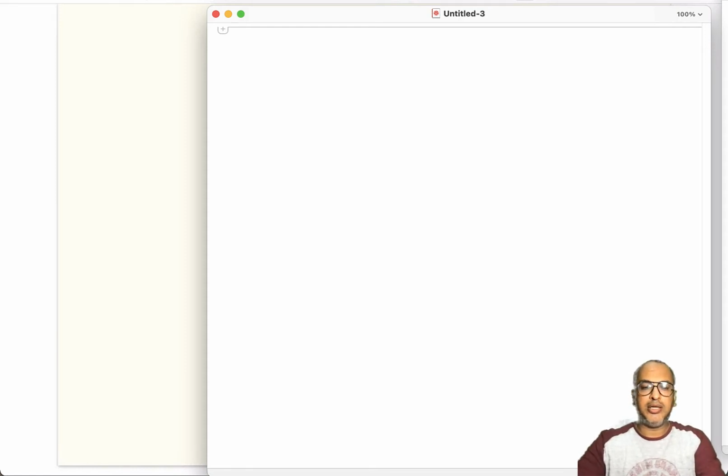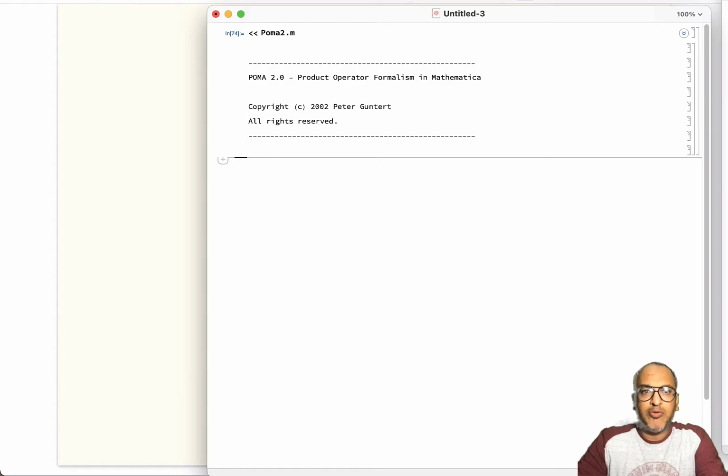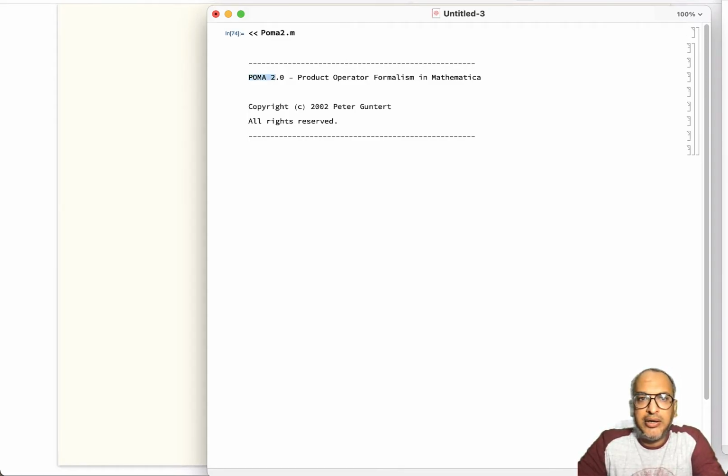Now the package starts with running within Mathematica. What you have to do is type this command with double arrows at the start, and then press Shift Enter. Once you do this, you will notice that the product operator formalism in Mathematica is written, and the package is loaded basically, right?